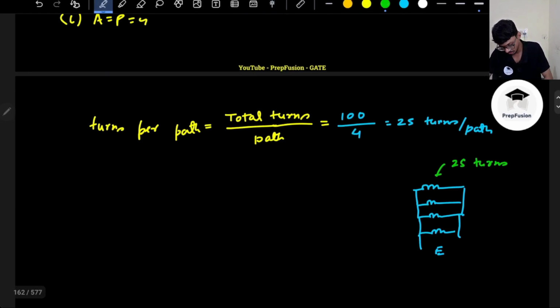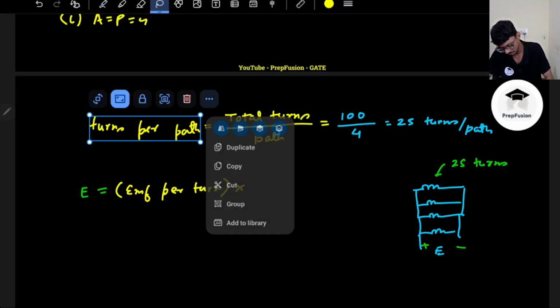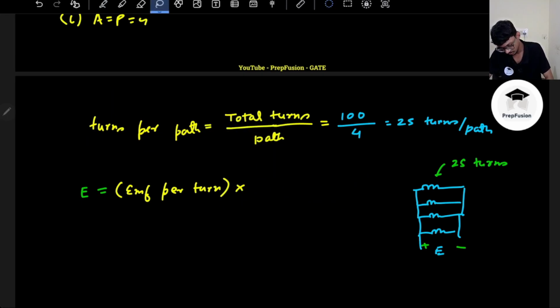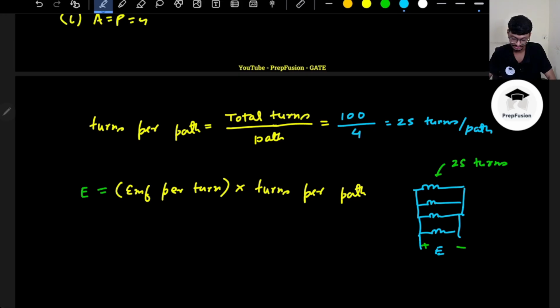So E will be equal to EMF per turn into turns per path. That will give me the value of E. Now again emphasizing that just mugging up formula is not good. Understand the concept. That's why I'm writing all this, but will you remember this? No, right?